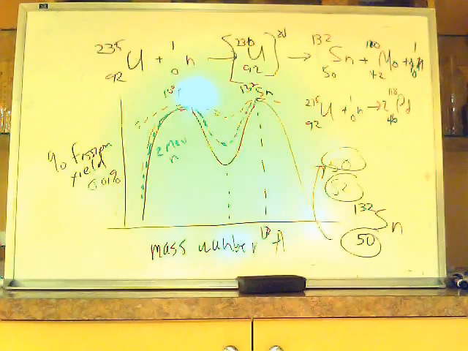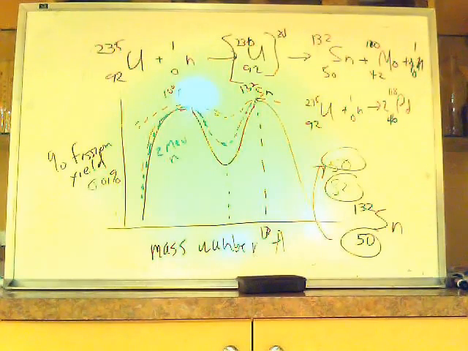Okay, there's something else that we want to consider, and that's something called the fission barrier. For fission to occur, the fission barrier has to be overcome. It turns out that not all even nuclides will undergo spontaneous fission, and not all even-odd nuclides undergo thermal fissioning.